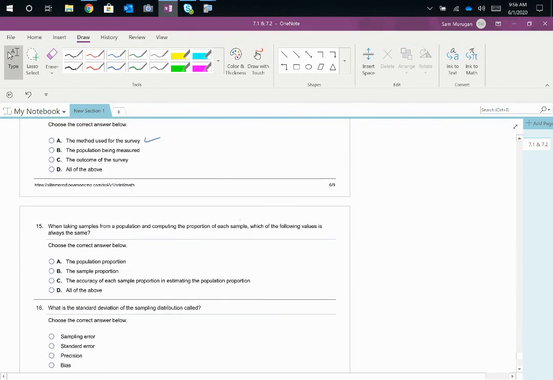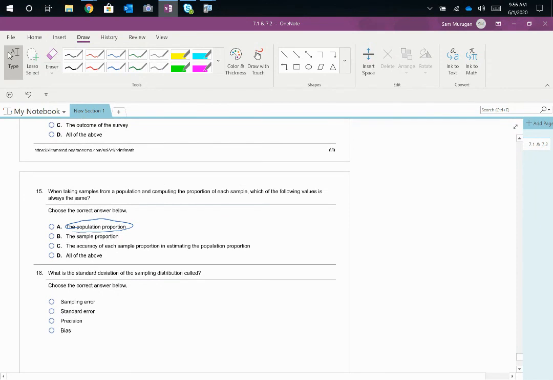When samples are taken from a population and computing the proportion of each sample, which of the following values is always the same? Remember, the population proportion doesn't change. And standard deviation, hopefully you remember, is the same as saying standard error.